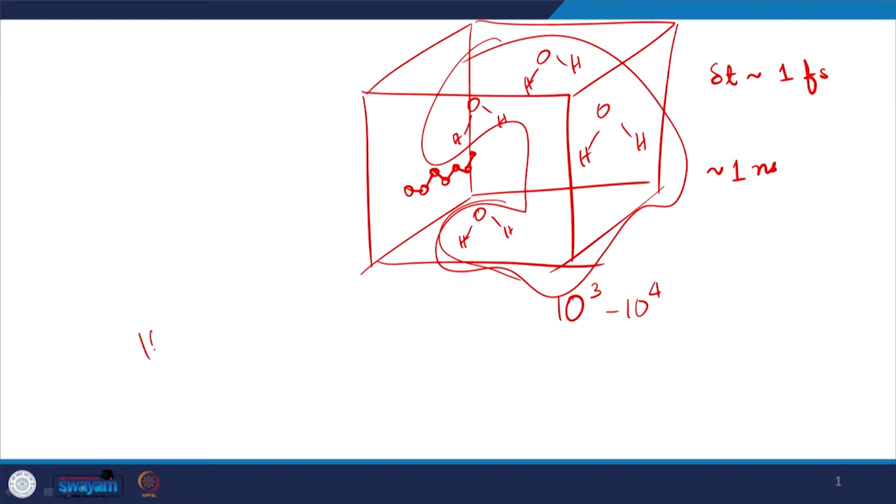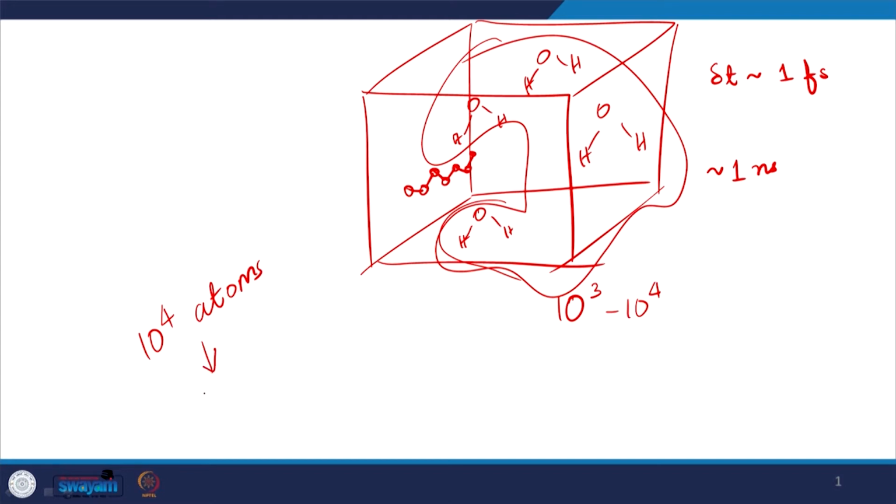in which we can try to represent molecules in smaller units compared to the number of atoms in the molecules. Let us say for example, if you have 10 to the power 4 atoms, I can say 10 of them form a CG unit or a coarse grained unit.